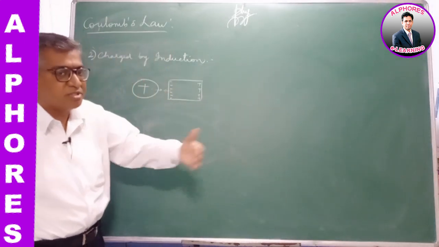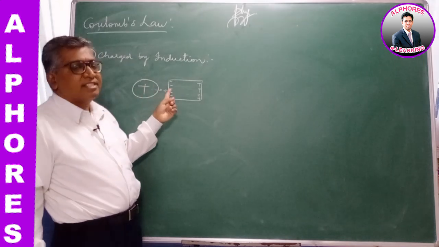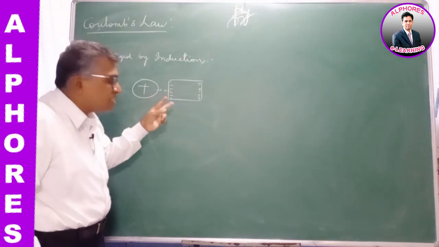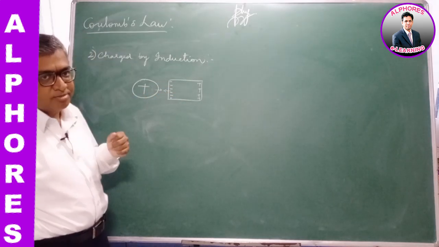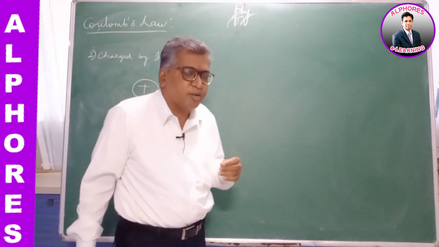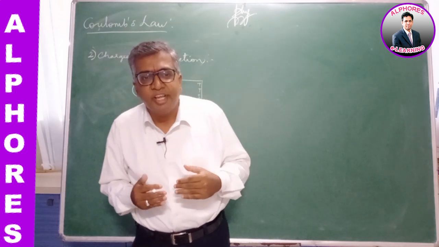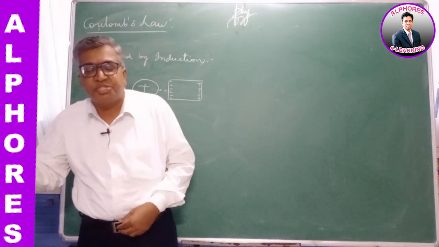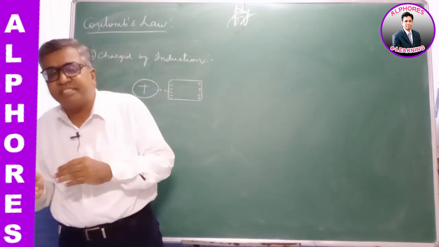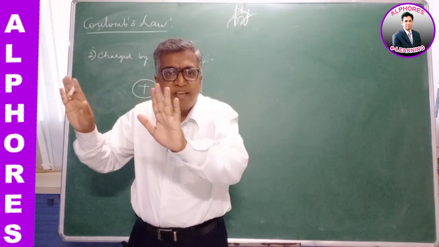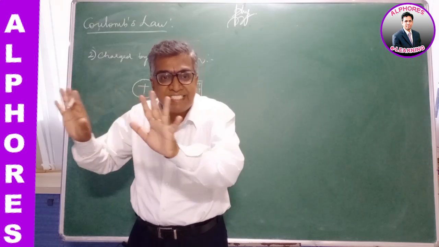Opposite charge is induced, unlike charge. Unlike charges attract. So when opposite charge is induced, there is attraction. For this, a simple example: when you switch on a TV and move very close to the TV screen, the screen behaves as a plain charged sheet.